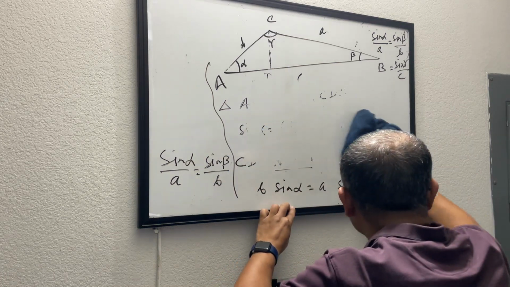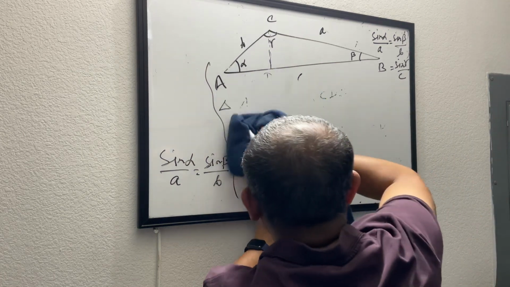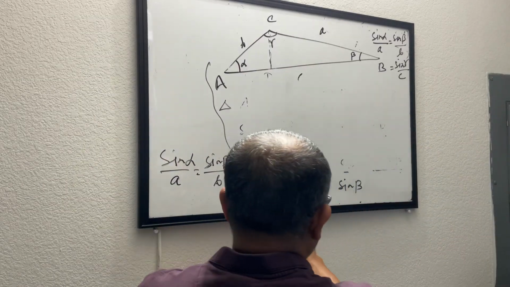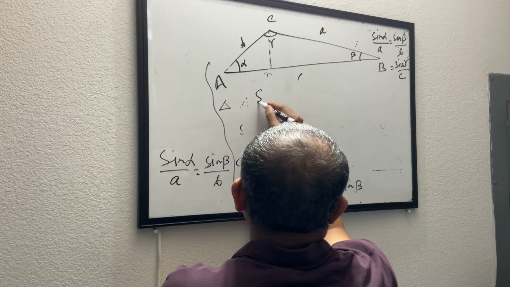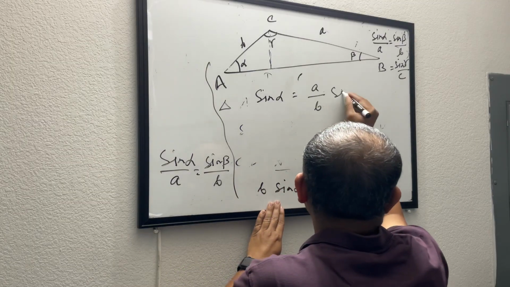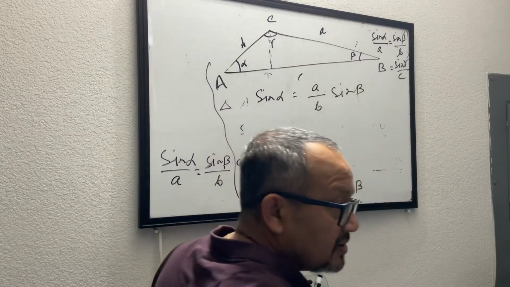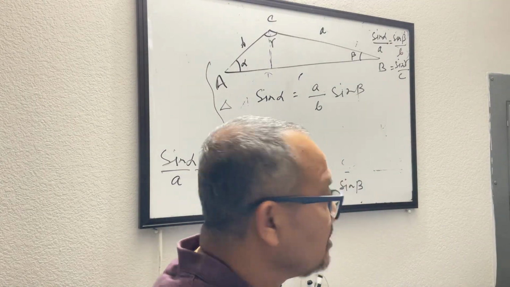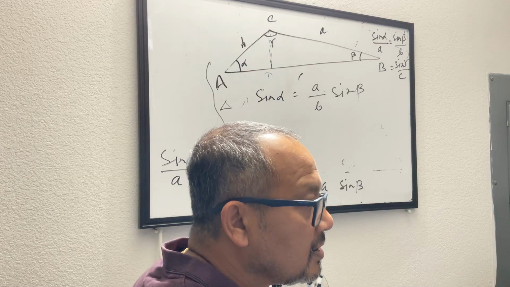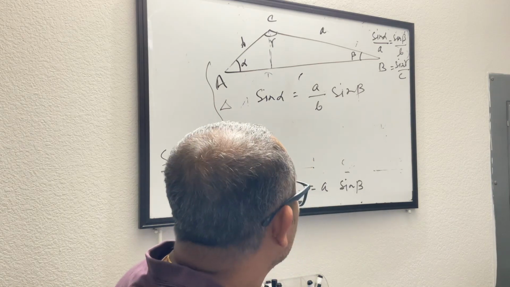I'm having a little bit of a hard time catching up with the calculation. If I keep sine alpha this side, what will happen? A over B sine of beta. This is what I'm saying. But you can't only have the B on one side, can you? You have to put B on both sides, or no?